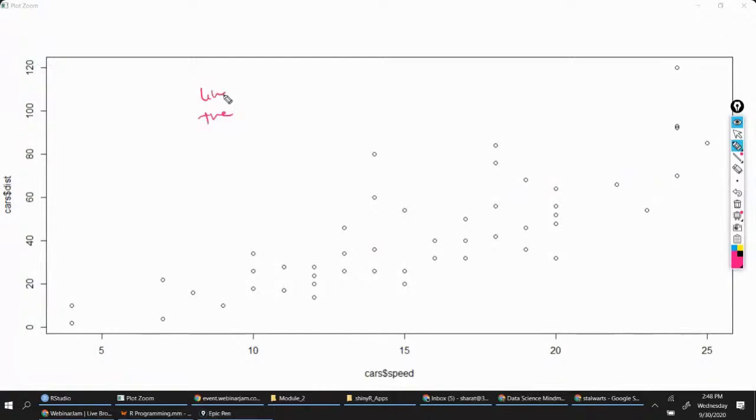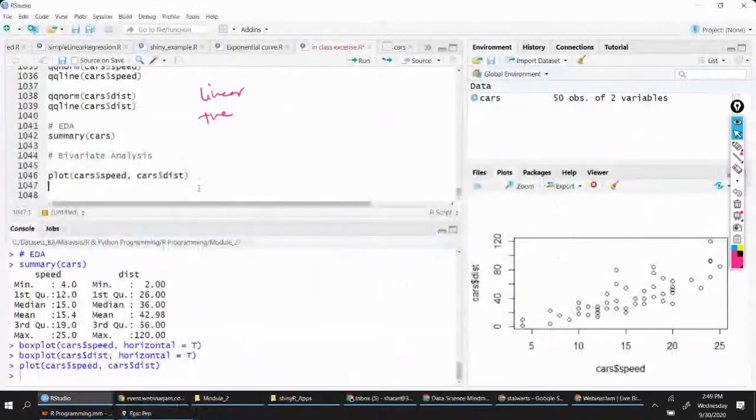It is linear, kind of linear. Scatter diagram interpretation: strength may be weak or moderate, we are not sure. So we are going to calculate the correlation coefficient of these calculations.